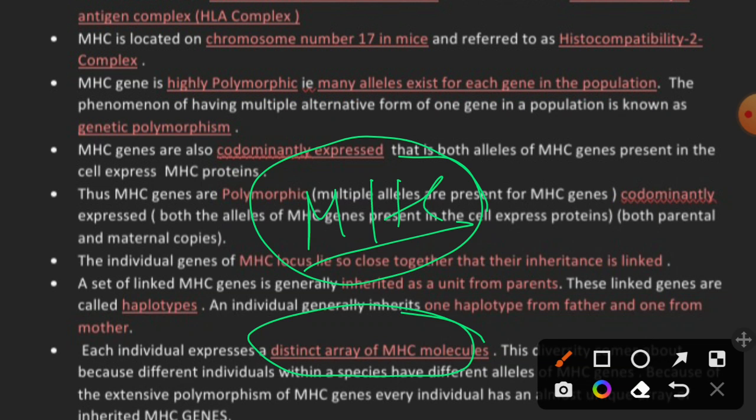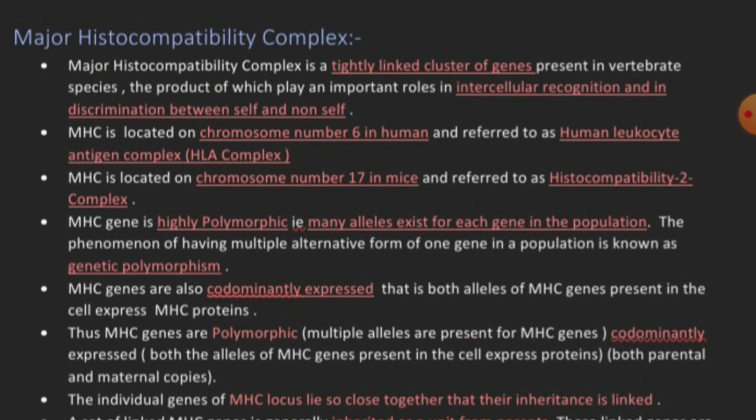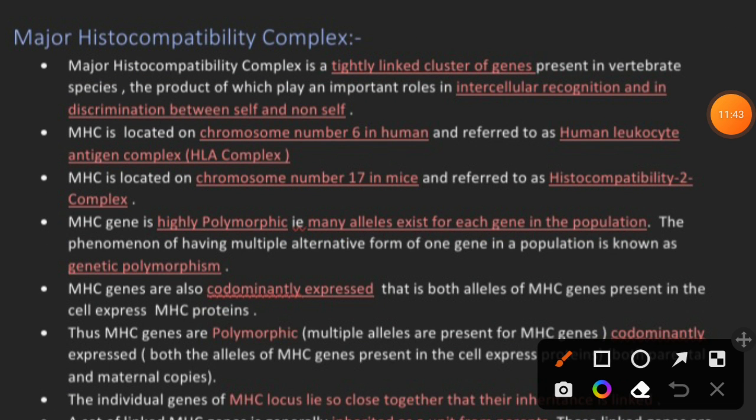So in this video we have learned that MHC genes are a tightly linked cluster of genes, and as they are linked they will be inherited together. These groups are called haplotypes, right? So an individual gets one haplotype from the father and one from the mother.